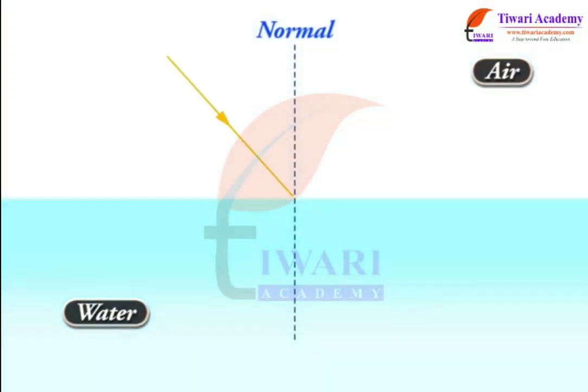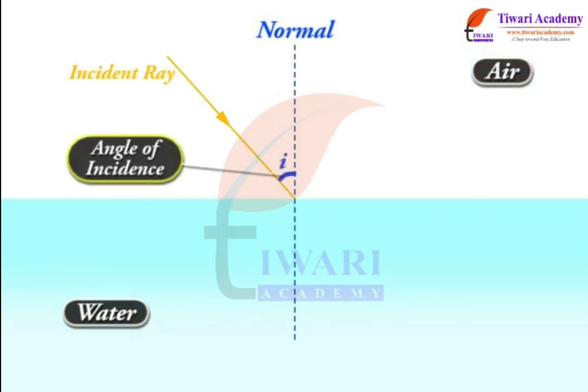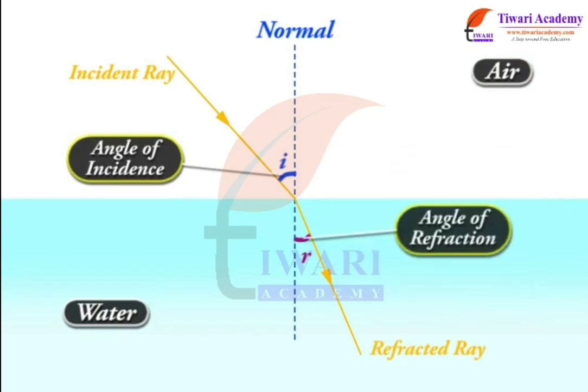The angle between incident ray and normal is called angle of incidence, and it is denoted as I. The angle between refracted ray and normal is called the angle of refraction. Angle of refraction is denoted by R.